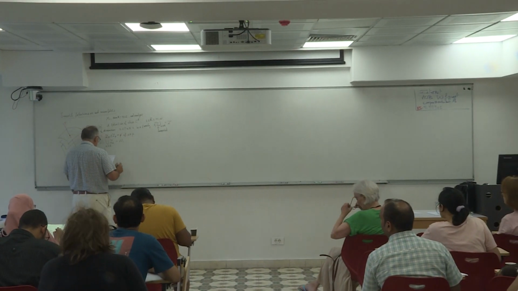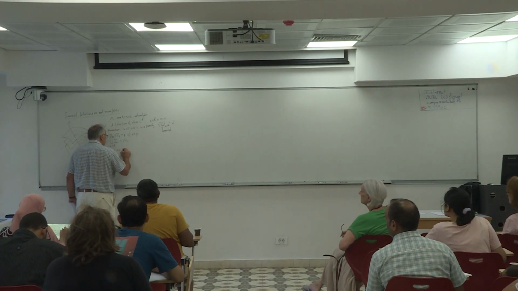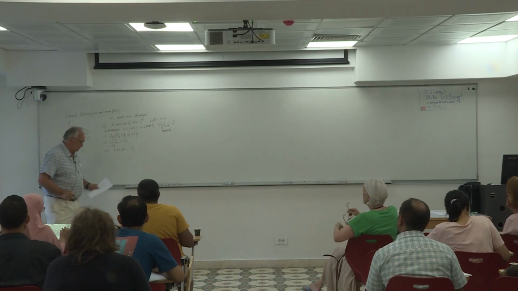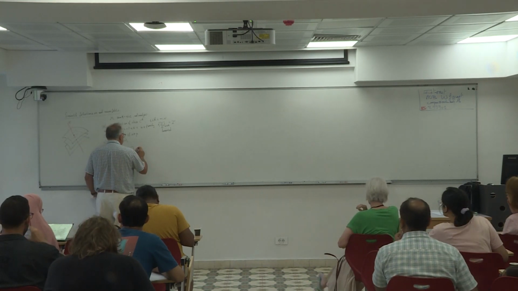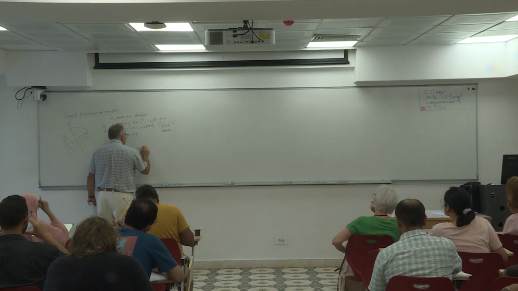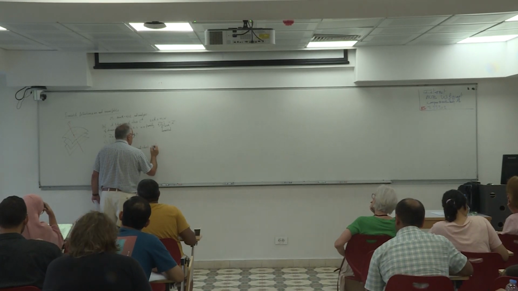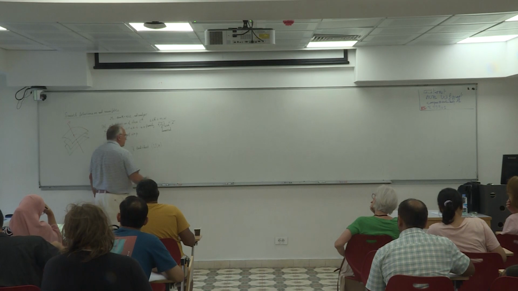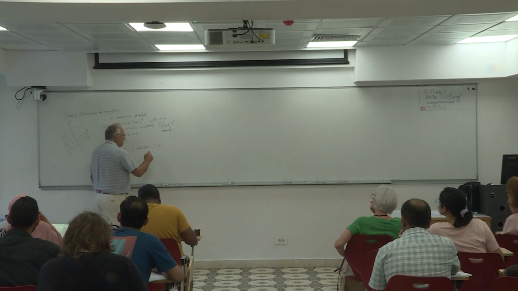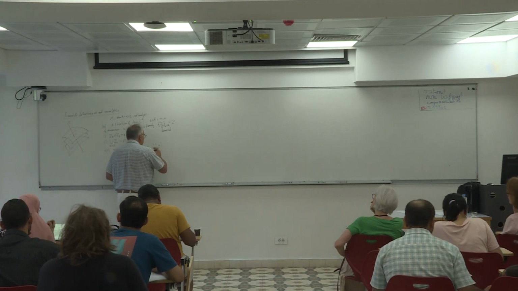For every point m in our manifold, there exists a local chart, so local coordinates: a neighborhood U of the point m and a diffeomorphism phi from this U to some open set in R^n of class C^k.